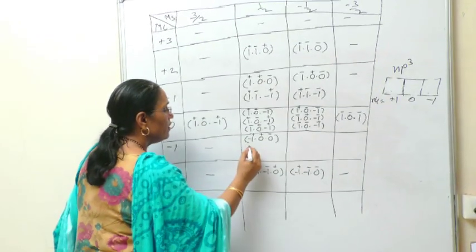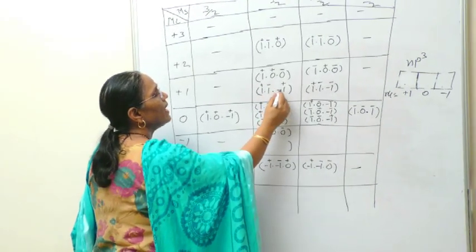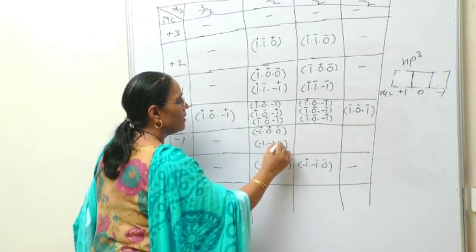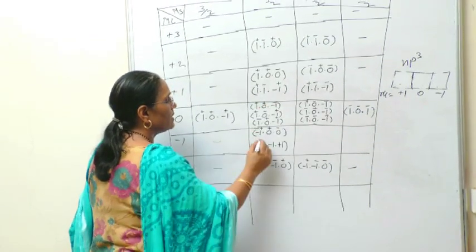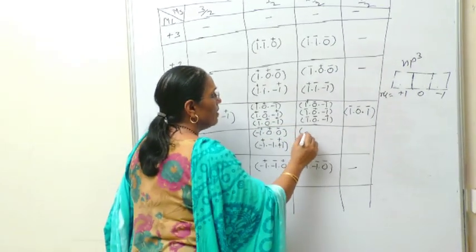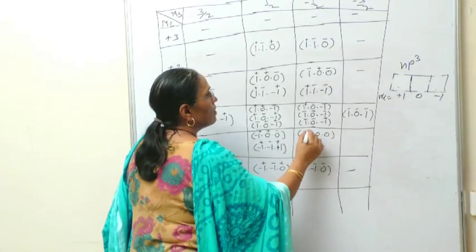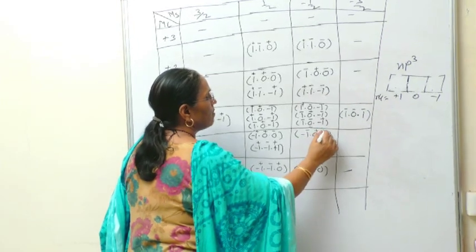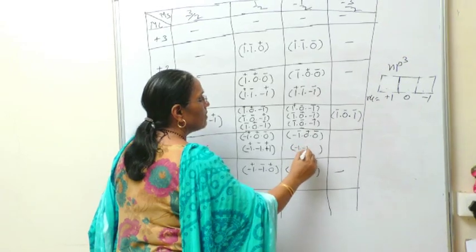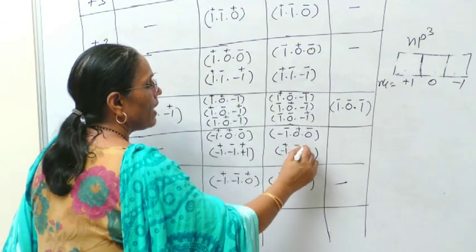In the same way, for the second microstate we will get minus 1 and plus 1, and the spins will be the same, that is plus, minus, plus. In the same way, here minus 1, 0, 0 with spins minus, plus, minus, and the next microstate minus 1 and plus 1, with spin values plus, minus, minus.